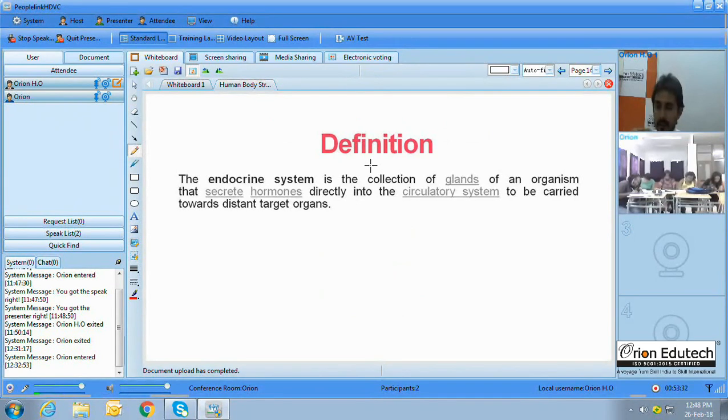The various hormone and enzyme secretions inside the human body in the different organs take place due to the proper functioning of the endocrine system. The secreted hormones are carried directly to the particular organ with the help of the circulatory system.